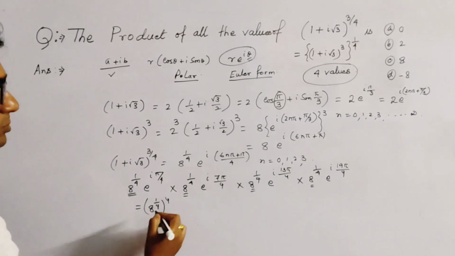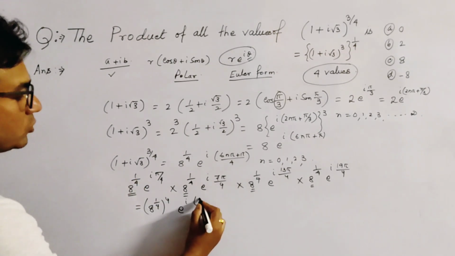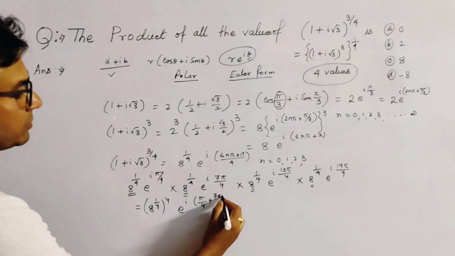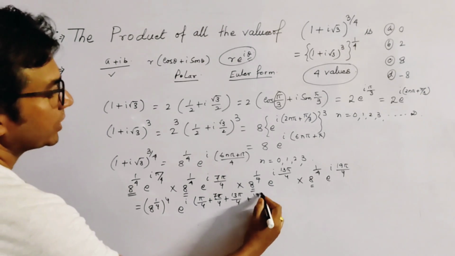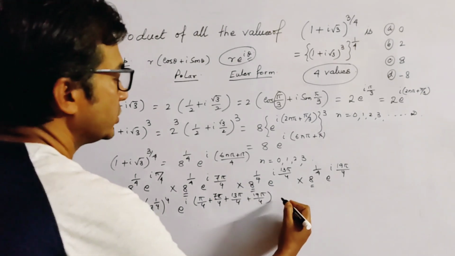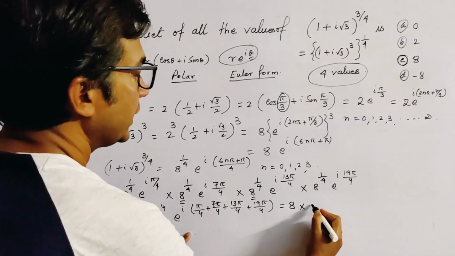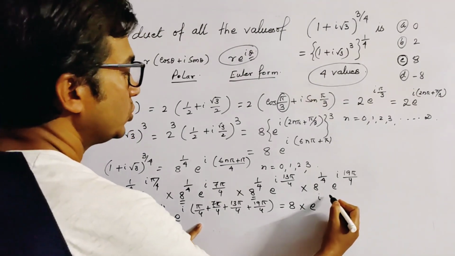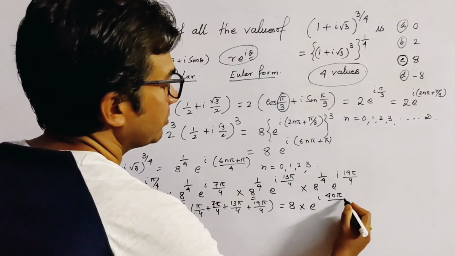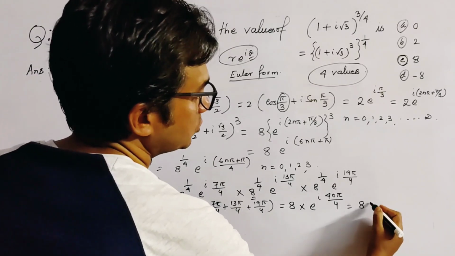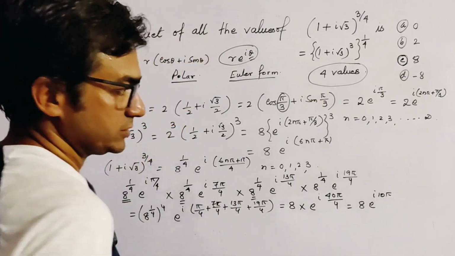Now the product of the 4 values is 8 to the power 1 by 4 to the power 4, which means 8, and e to the power i into (pi by 4 plus 7 pi by 4 plus 13 pi by 4 plus 19 pi by 4). So this is 8 into e to the power i into 40 pi by 4, which is 8 into e to the power i into 10 pi.